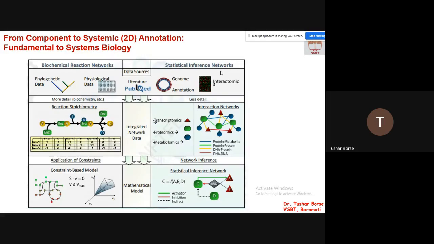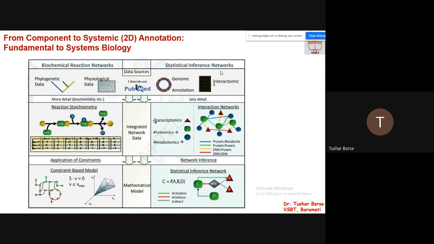In that you can put all kinds of information. It could be the actual component data, that is genome, DNA, RNA, protein, or metabolite, and you can also put the types of interactions which could be there between these components, right?